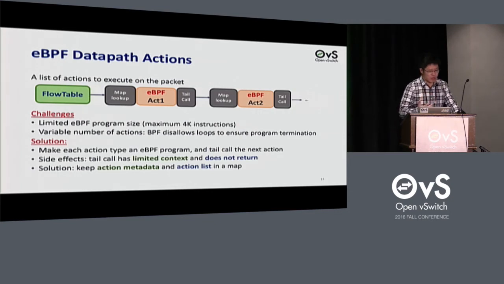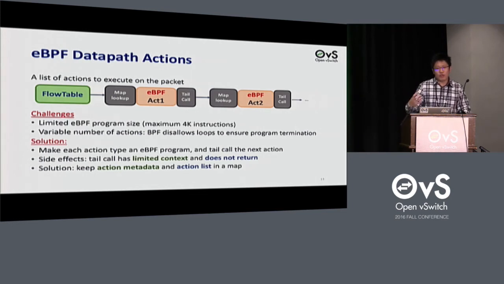To resolve these two challenges, we first make each type of action an individual BPF program. This means each action has 4K instructions to implement. It turned out that each action is pretty small, and one eBPF program is good enough. Then at the end of each action, we need to tail call the next action to execute. Tail call is the mechanism for one BPF program to invoke the execution of another BPF program.